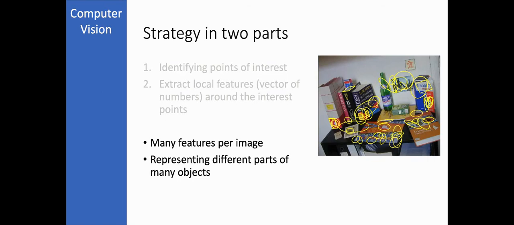And this covers the two parts in our strategy for identifying points of interest and extracting local features around them to create descriptors per image. And remember, we get many points of interest and extract features from all of them. So we have many features per image, and we hope that these represent different parts of many objects. In a future lecture coming up in 2 weeks, we will see how all these descriptors can be used in real object recognition systems.